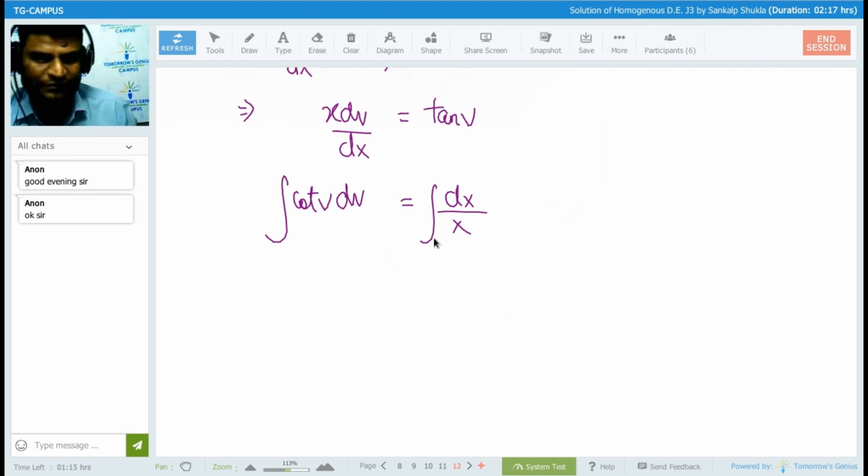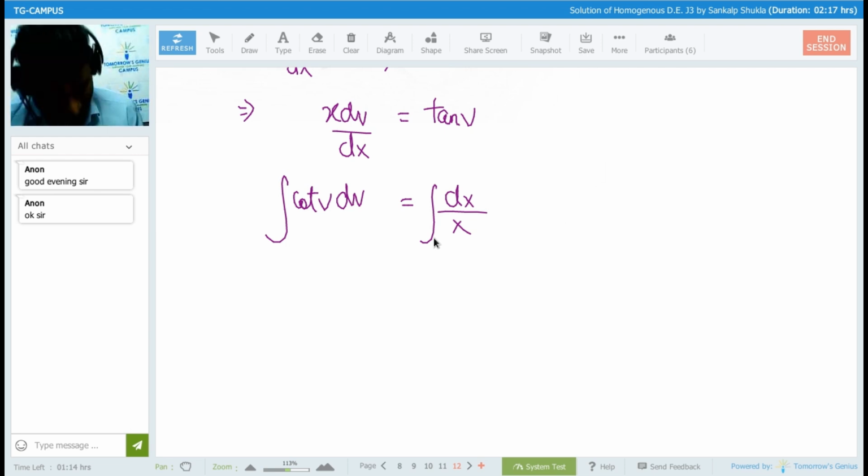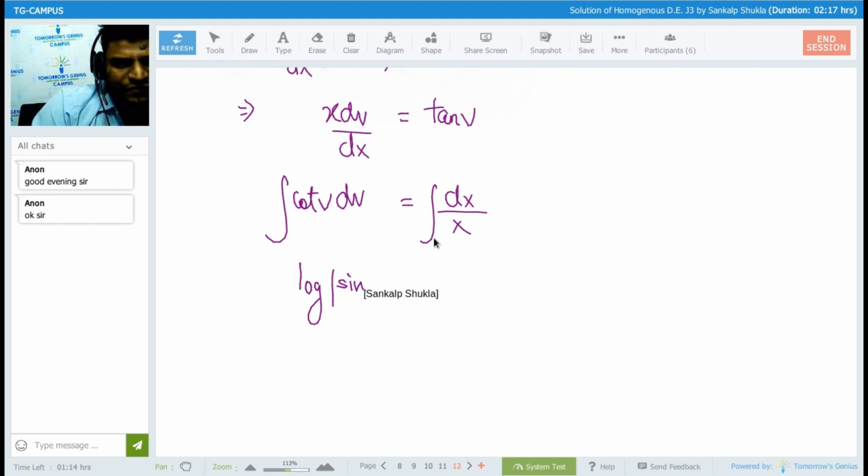Tell me the integration of cot x. Integration of cot x is log sin x. So log mod sin x. Sin v I must write. First of all, it is log x.